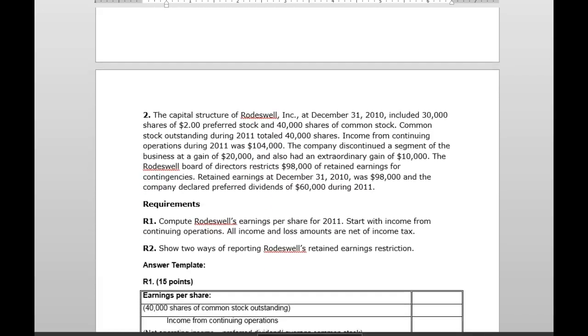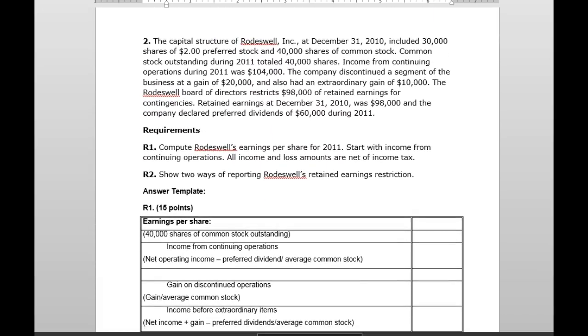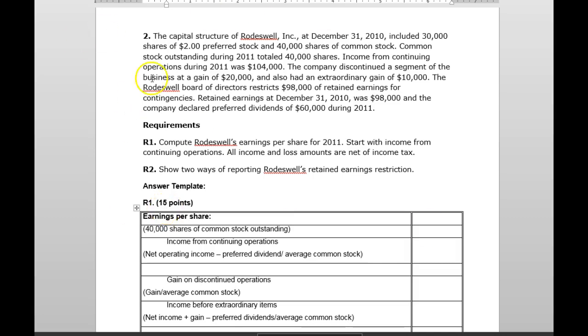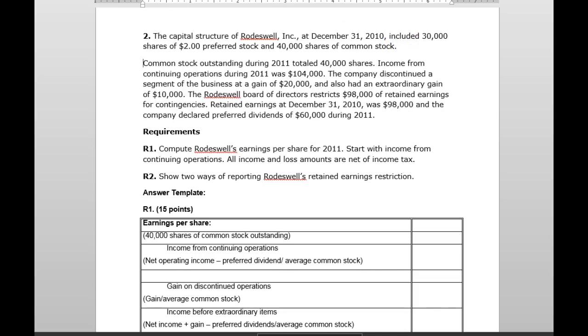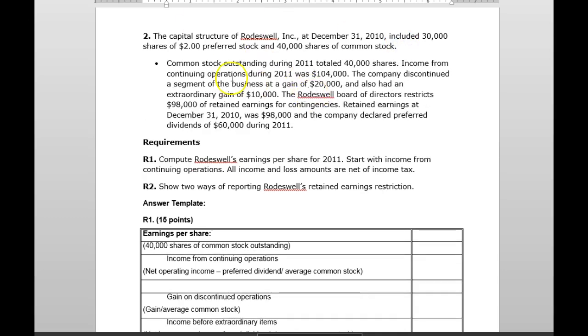So in the next problem, this one has an awful lot of information in here. So what I advise you to do in any problem like this is separate this stuff out so I can keep track of it. So first one is I have 30,000 shares of $2 stock and 40,000 of common.